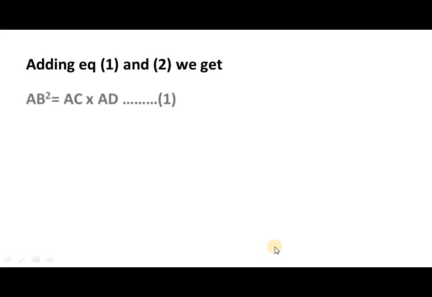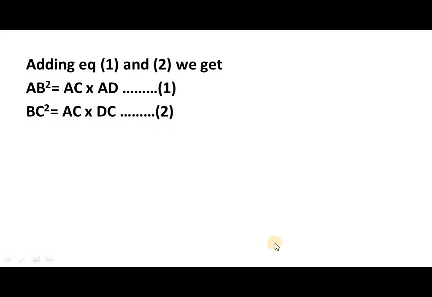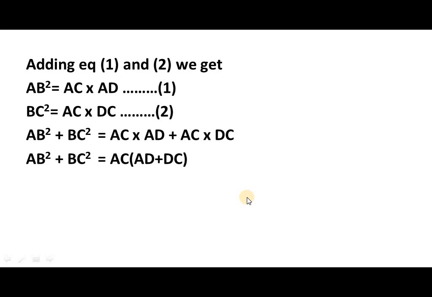Let us write equation 1 and equation 2 and add them. AB square plus BC square is equal to AC into AD, the first equation, plus AC into DC. In these two terms AC is common, so take out AC as common, and you will get AD plus DC.